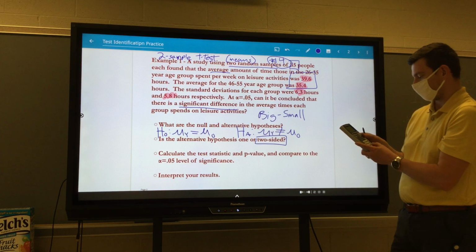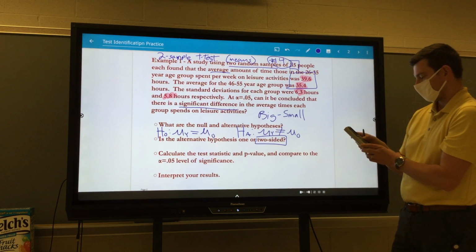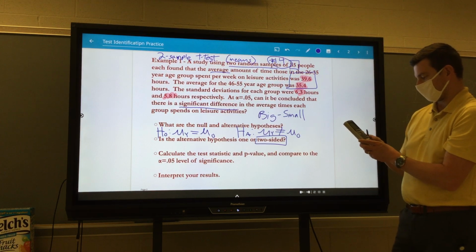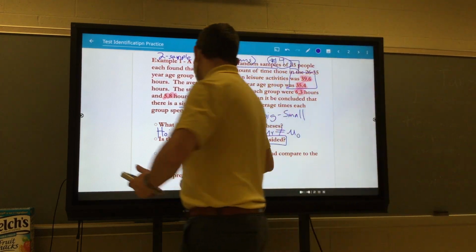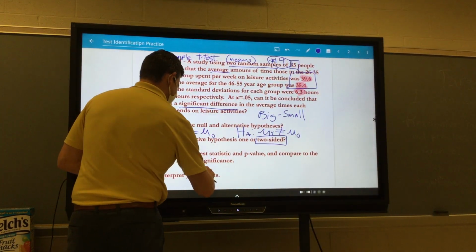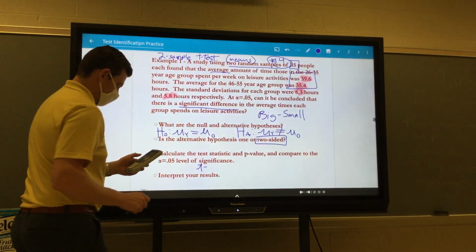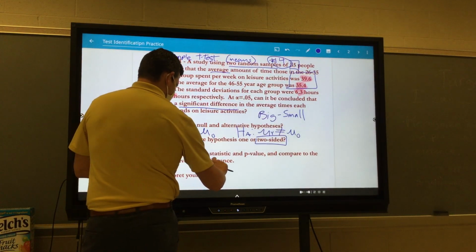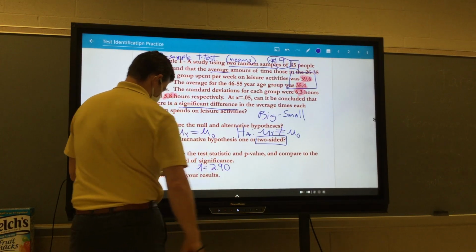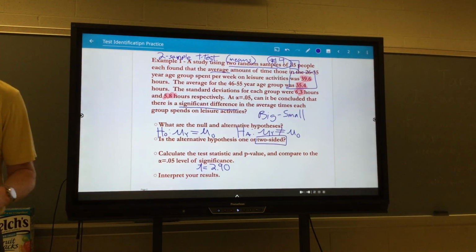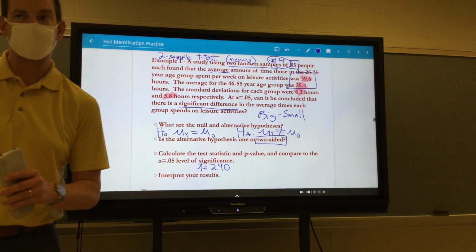Set our alternative hypothesis to not equal to. Leave it as not pooled, and then down to calculate. Here, our test statistic is the t statistic, so t equals 2.90. Okay. Again, same interpretation as a z-score value.